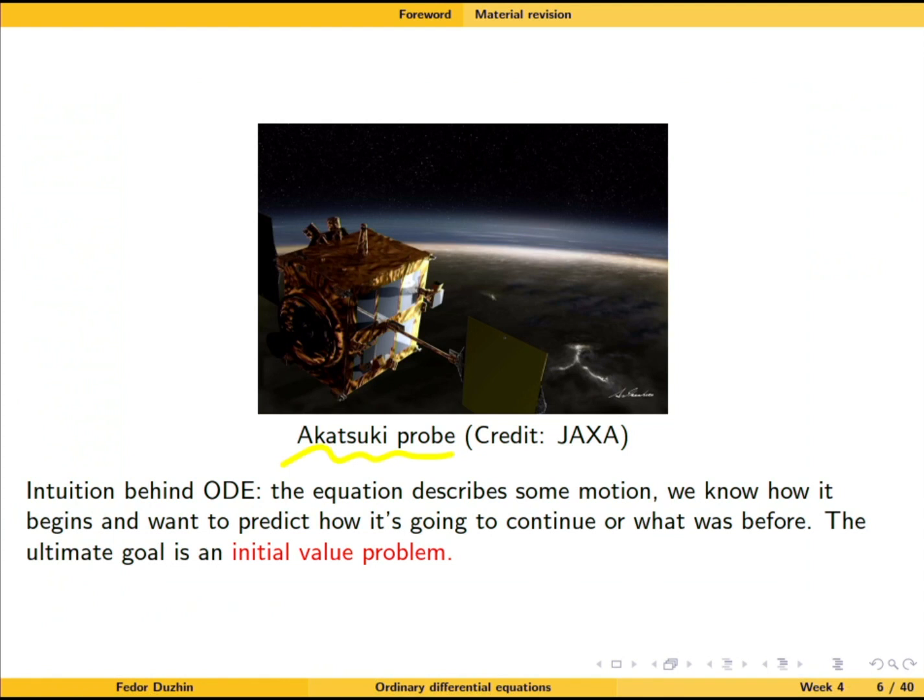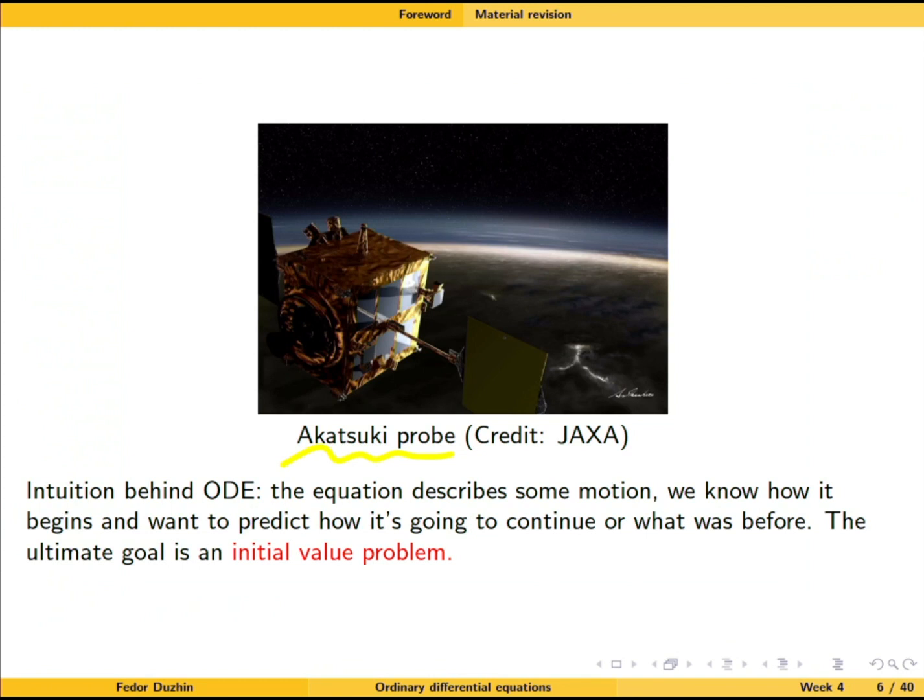From the mathematics point of view, whenever celestial bodies or probes are moving, if there is no force other than the force of gravity, then the motion is governed by a certain differential equation that comes from the law of gravitation.